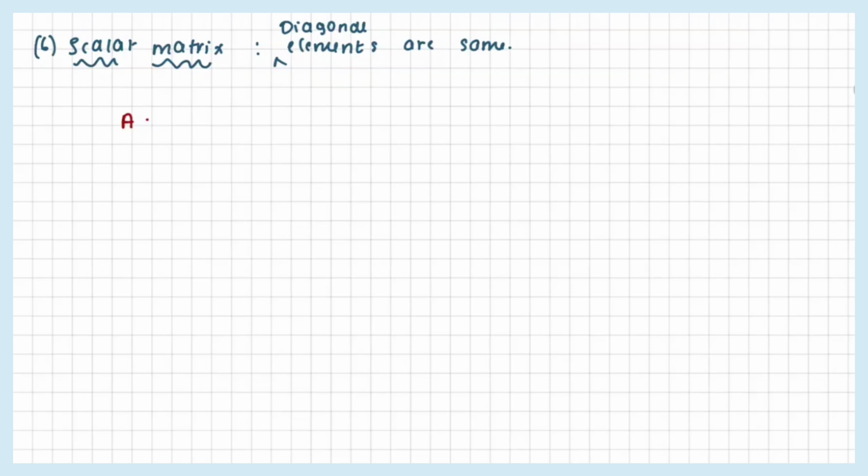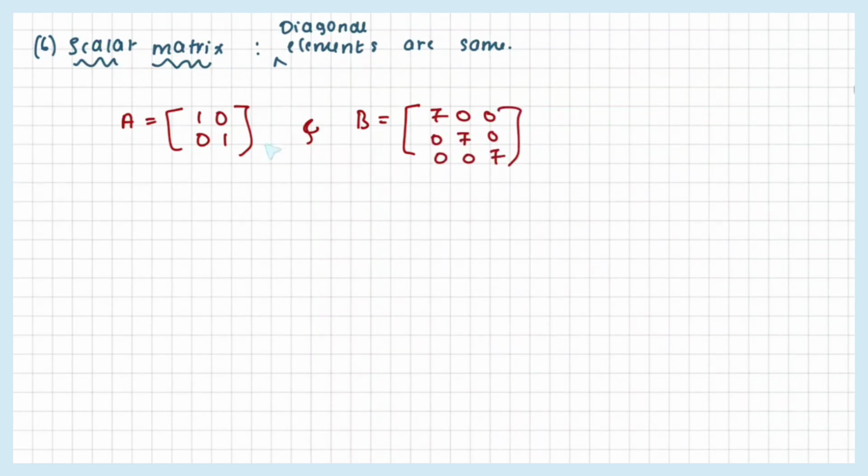A is equal to 1, 0, 0, 1 and B is equal to 7, 0, 0, 0, 7, 0, 0, 0, 7. This is 2 into 2, this is 3 into 3. The definition is that the diagonal elements are the same.